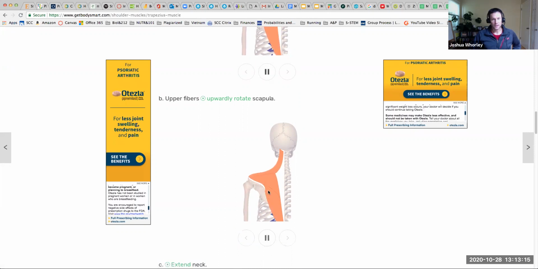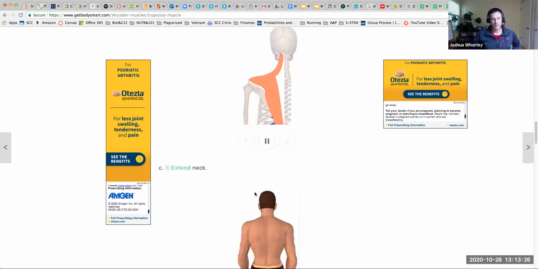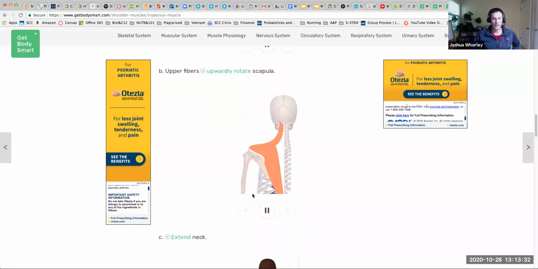There's an upward rotation primarily from this, but also this portion, where it's inserting on the spine and originating on the spinous process. So a little upward rotation of the scapula. It can extend the neck, right? So there's a neck extension, leaning your neck back, again primarily this part of the muscle firing.